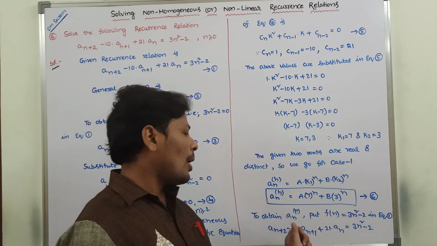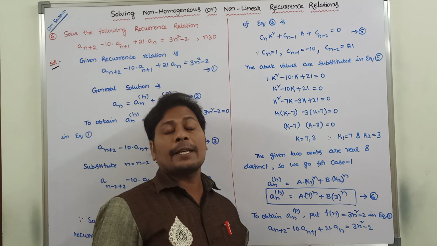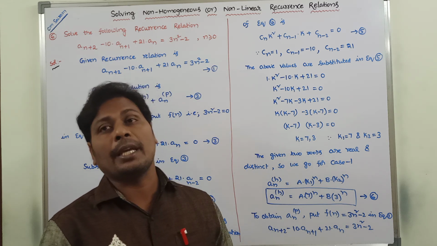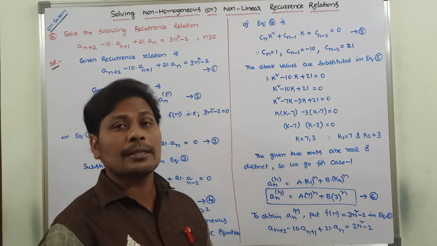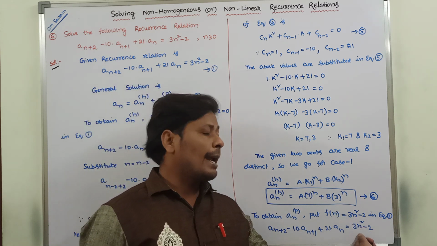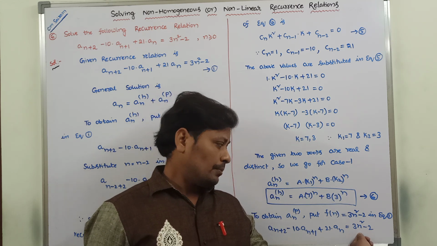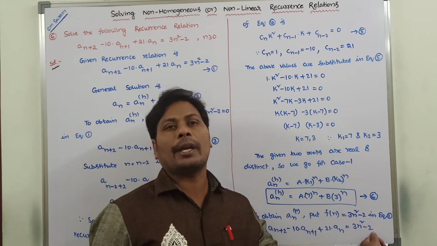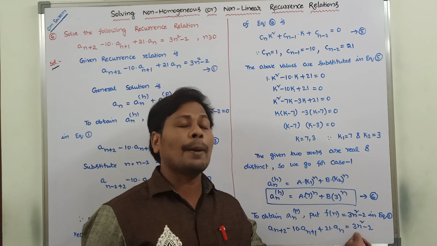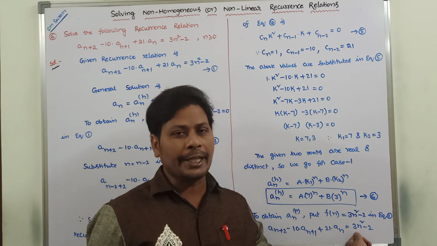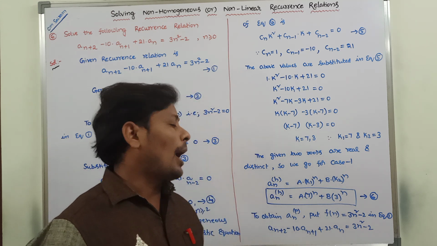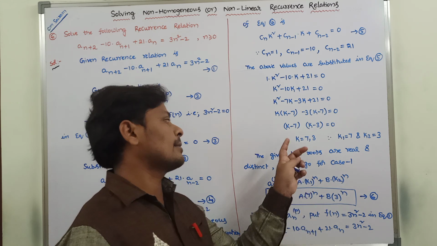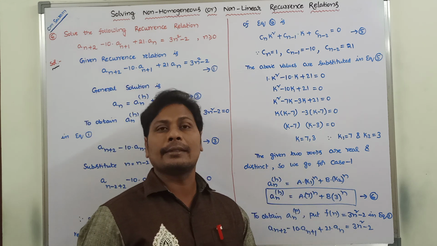Okay, so now what is the a suffix n power p is? So a suffix n power p can be taken based on the right hand side of f of n is 3n square minus 2. Okay, here it has the polynomial of degree 2. Okay, and the LHS side of the given recurrence relation has the two roots 7 and 3.